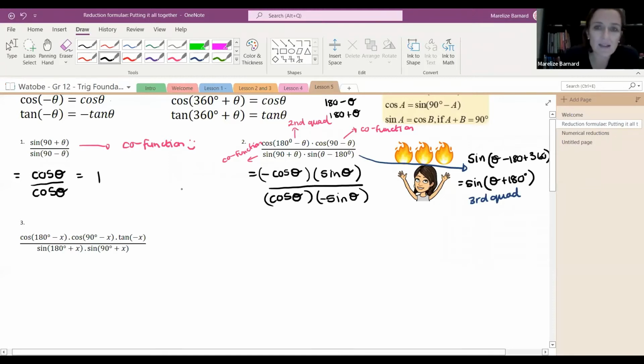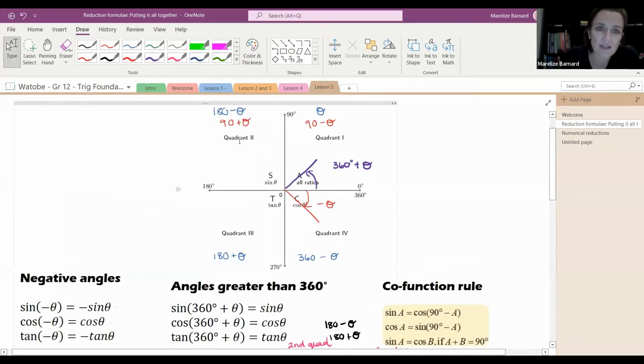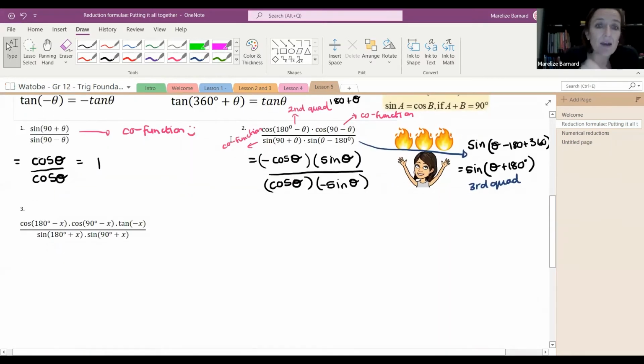But sine in the second quadrant is positive. So that's why we change it to cos, but we leave it as positive, because for cofunctions we only use the sign of the original trig function. So because sine is positive in the second quadrant, we leave it positive.